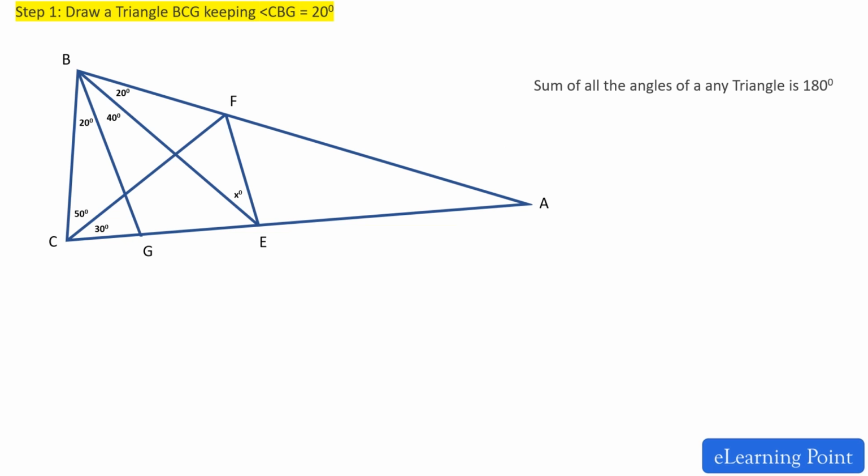This was the first test we have seen. So for triangle BCG, angle BCG plus angle BGC plus angle CBG equals 180 degrees. Angle BCG, you can see from the picture, is 80 degrees, plus angle BGC plus 20 degrees, which we have assumed, equals 180 degrees. Based on this, angle BGC equals 80 degrees.